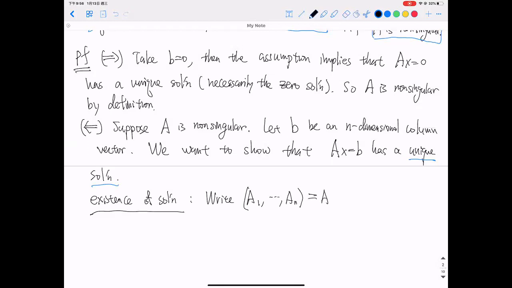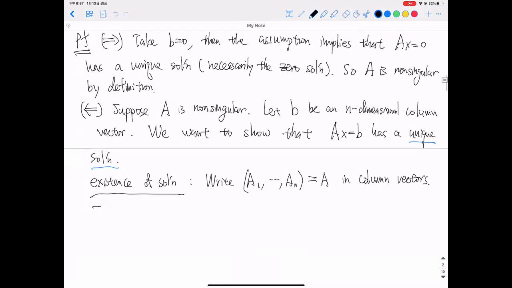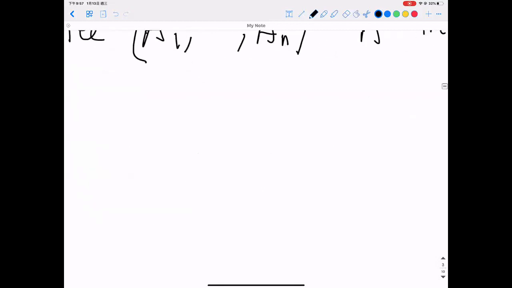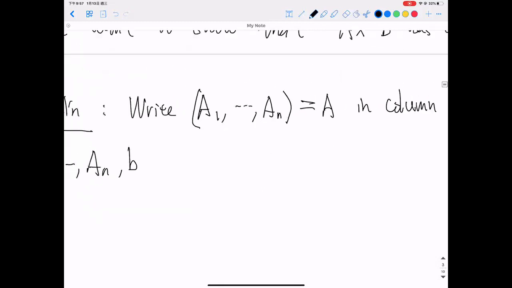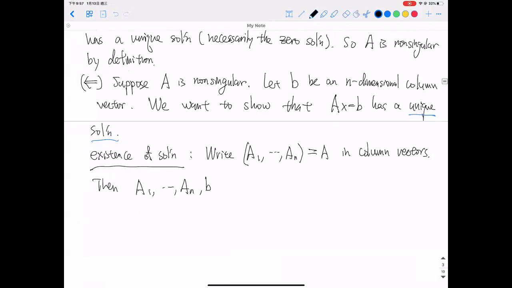We can again write A as a collection of column vectors. Then we have A1 through An and B, n-dimensional vectors.